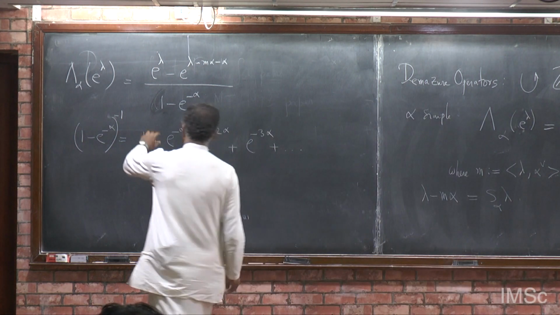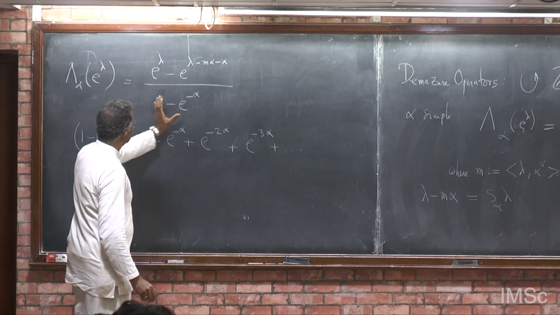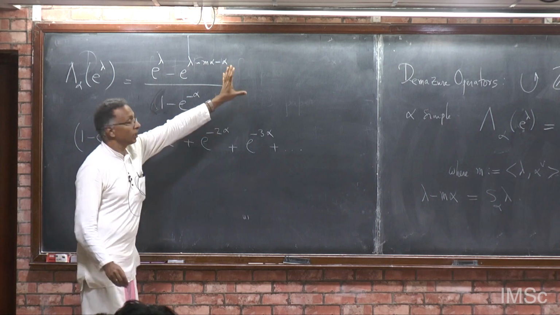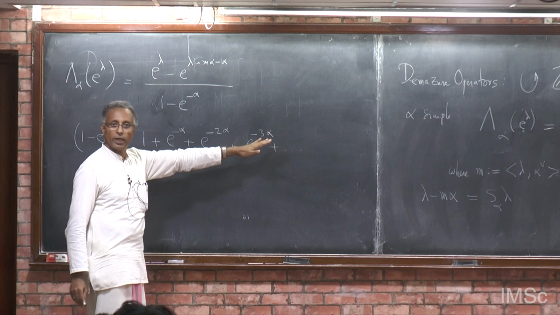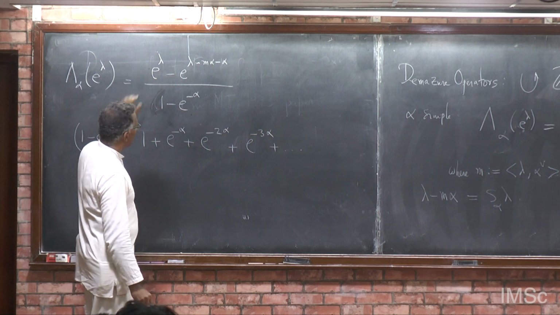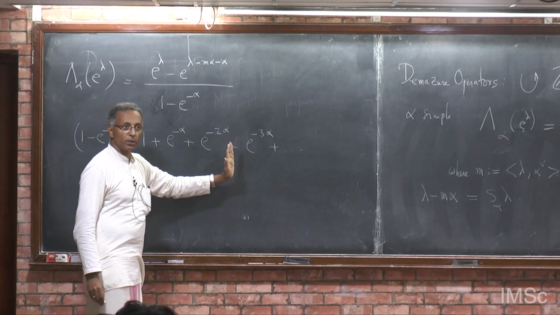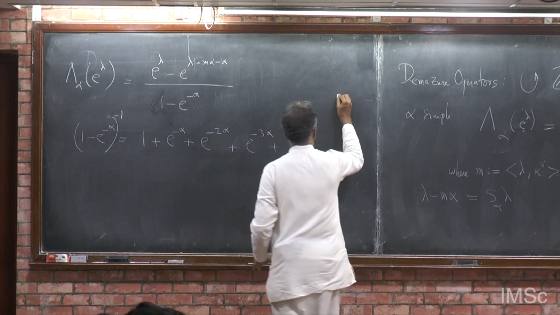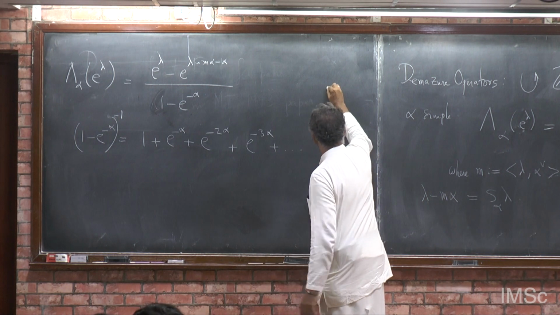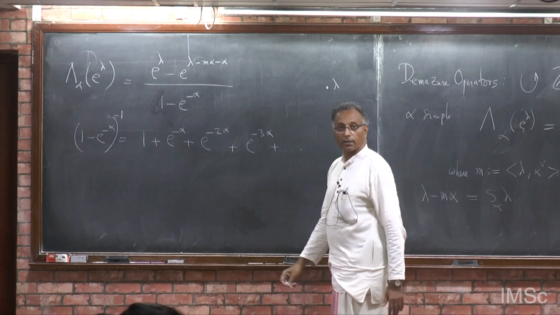So when I multiply, this denominator means actually just multiplying by this on the numerator, and if I multiply by e lambda, what happens? So let's draw a picture. Lambda is here, right?